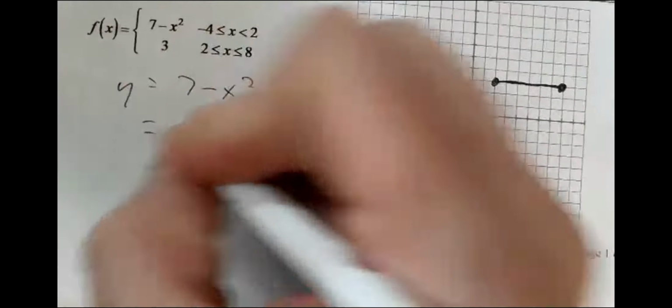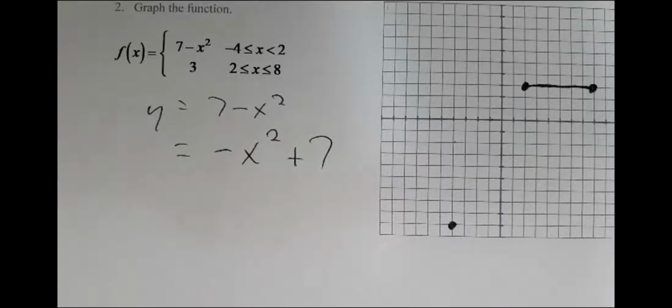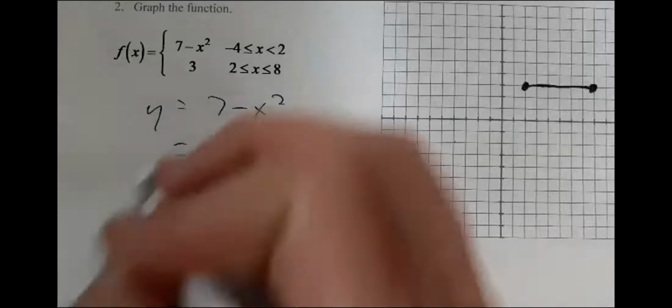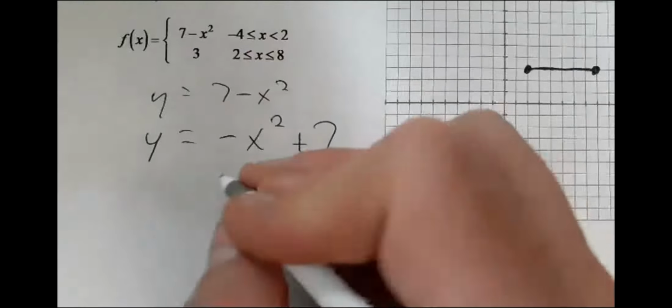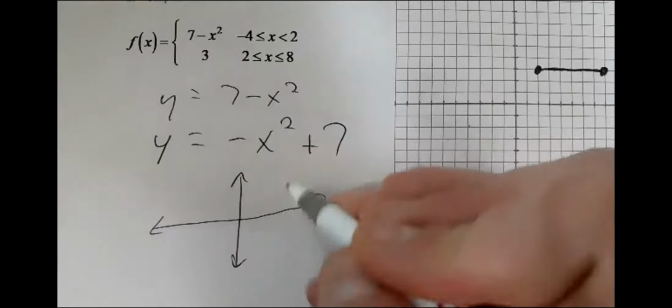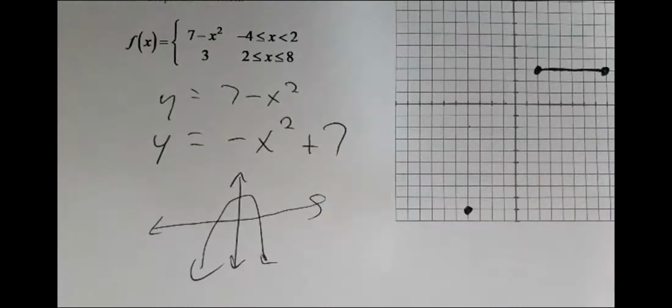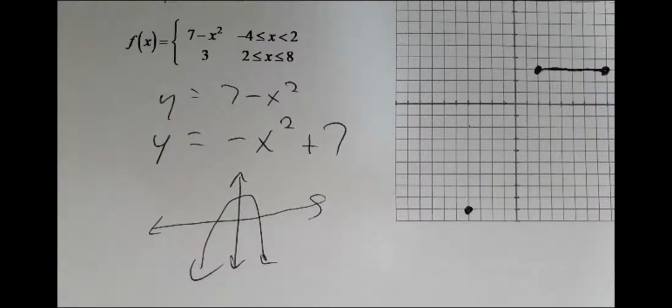It might be more beneficial to write it as minus x squared plus 7. If I write it in descending order, it might help me think about what this thing looks like. If it's positive, the parabola goes up. If it's negative, it goes down. So it's looking something like that is what I have in my head. It's an inverted parabola. And it goes through 7, so we do have to account for the vertex.